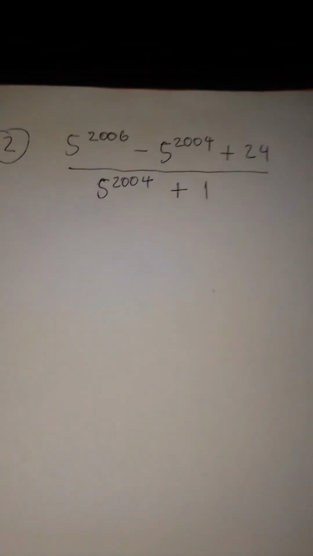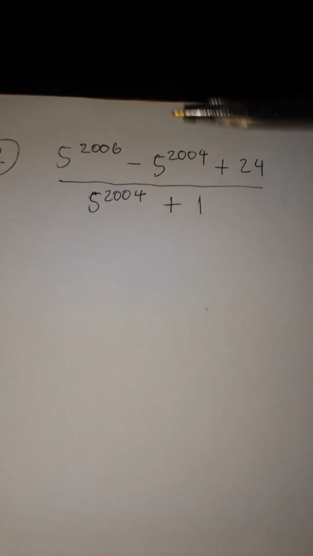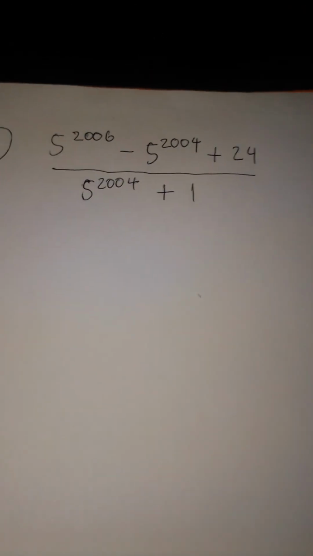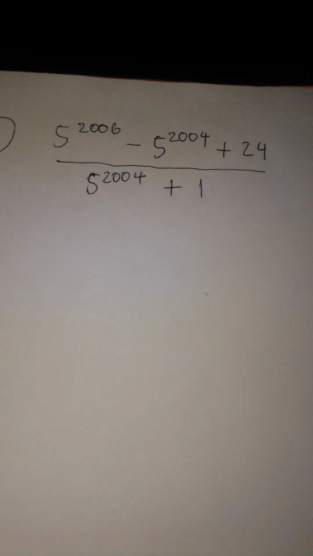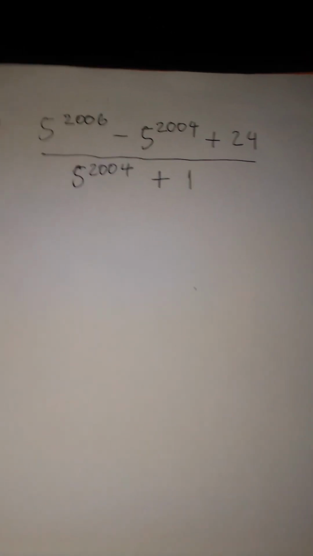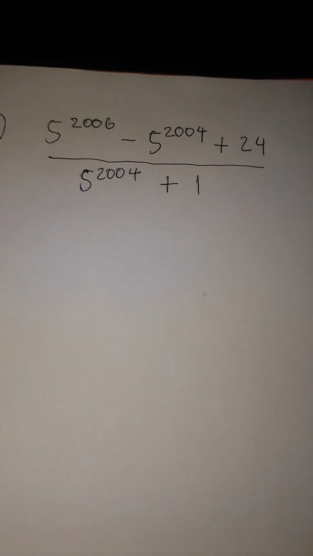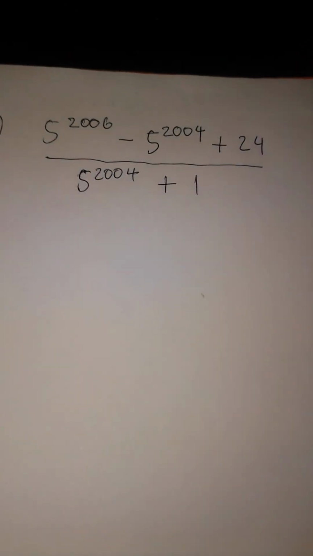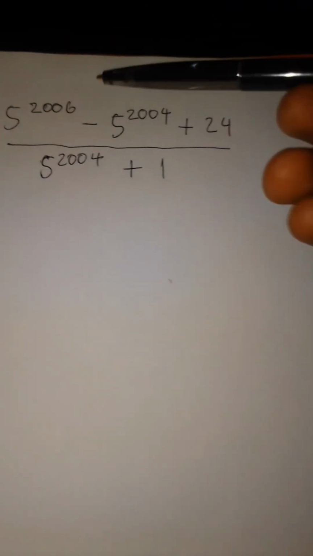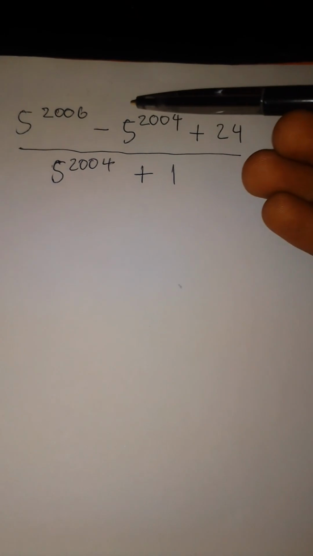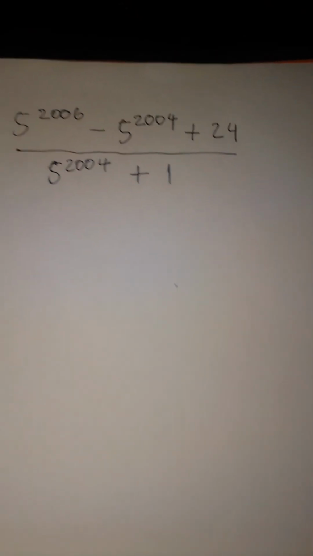The first thing we're going to do is start with the numerator. Let's try to change things here, and if possible, take out a common factor. You can see that we have 5 to the power of 2006, and then we also have a negative 5 to the power of 2004.